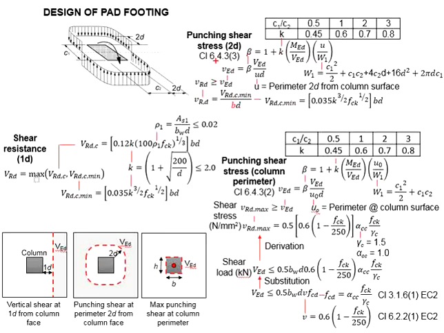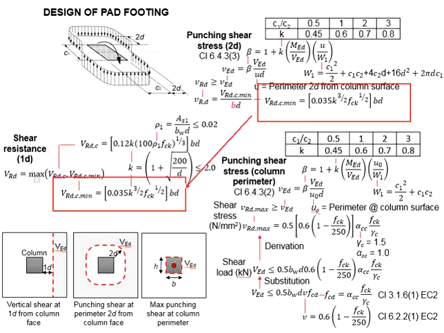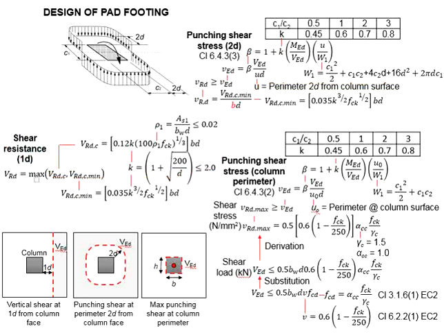Now that we have obtained the shear stress, our next step is to determine the shear resistance to see if we have sufficient resistance to take the shear stress. To calculate this, you may use this formula, which is in the function of VRd,c mean. Now, if you observe the formula, referring to our previous calculation step, we have already calculated the VRd,c mean while we were determining the shear resistance at 1d from the column face.